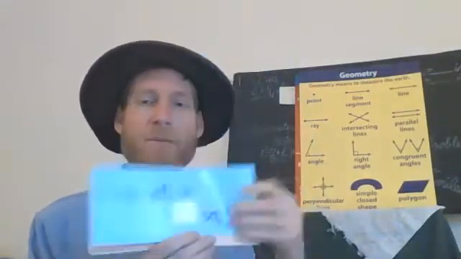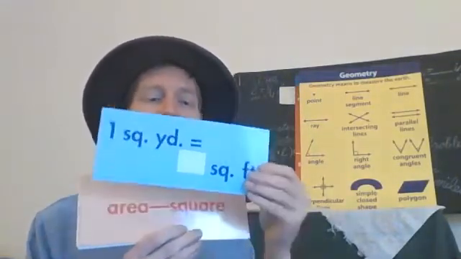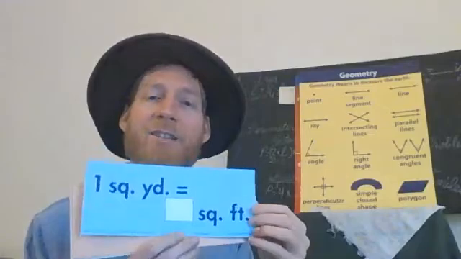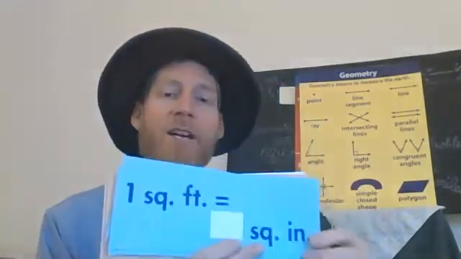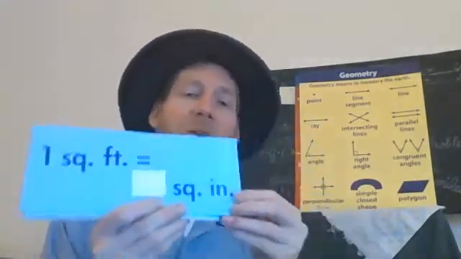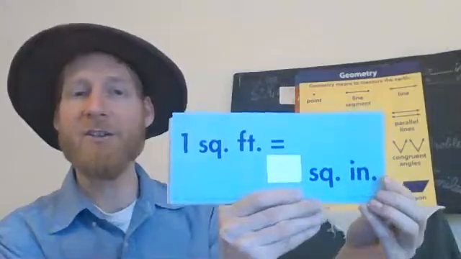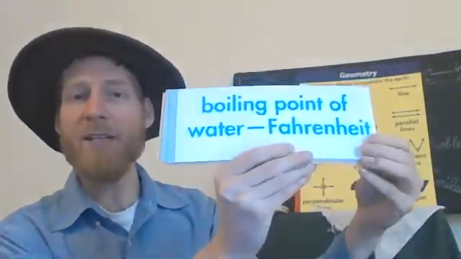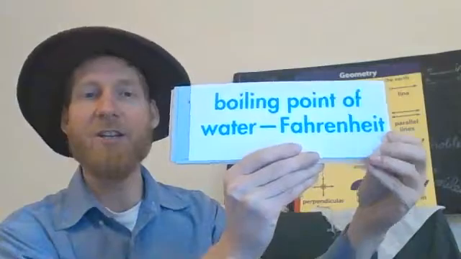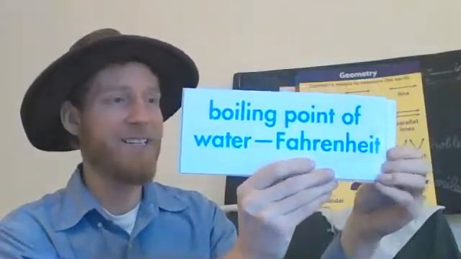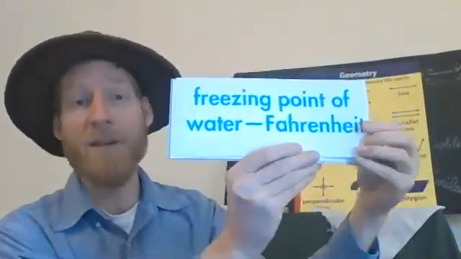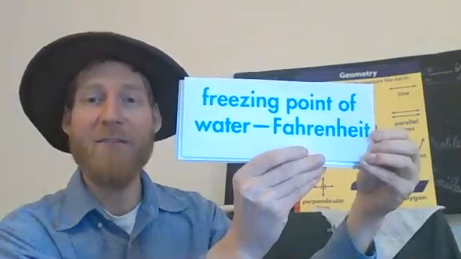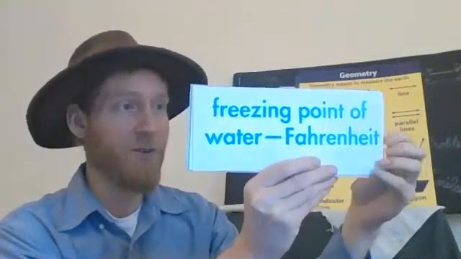You ready? 1 square yard equals 9 square feet. 1 square foot equals 144 square inches. The boiling point of water Fahrenheit, 212 degrees. The freezing point of water Fahrenheit, 32 degrees.